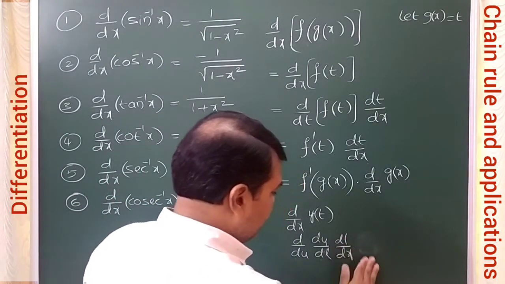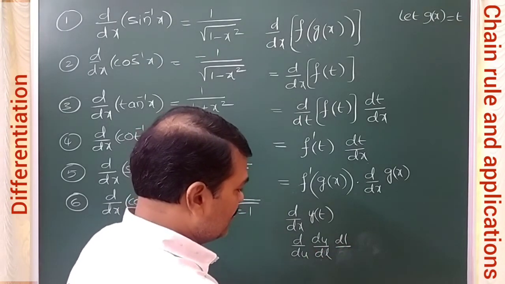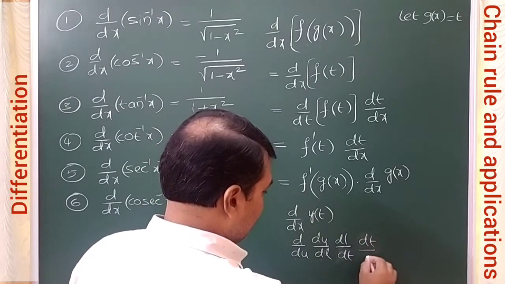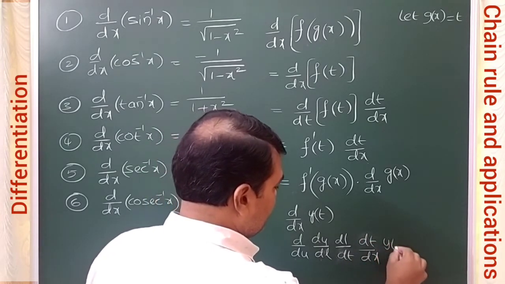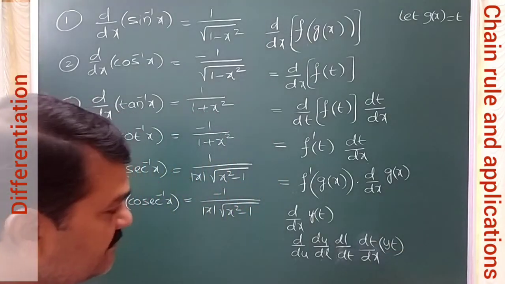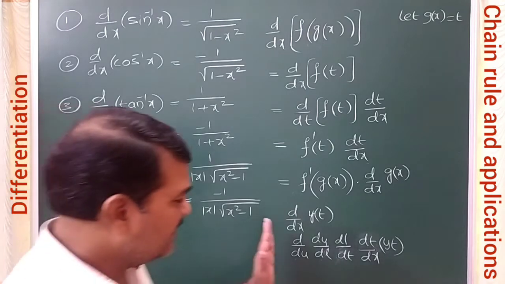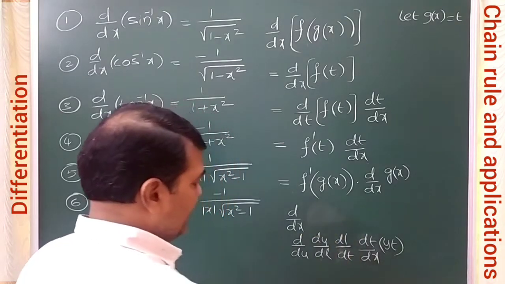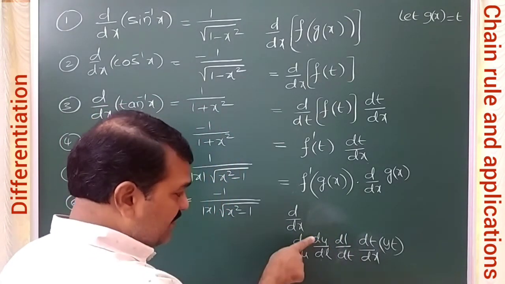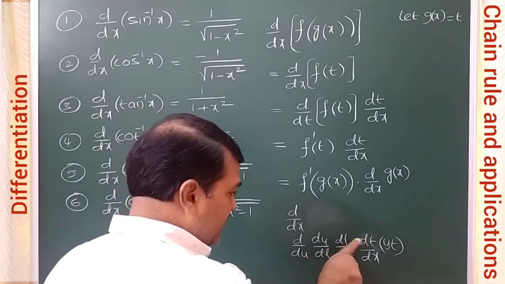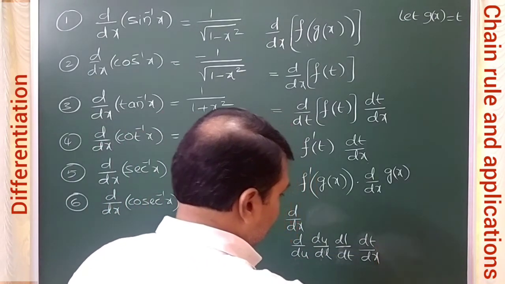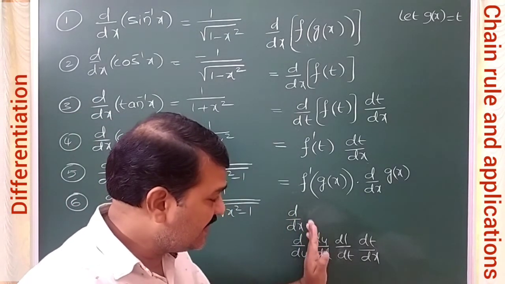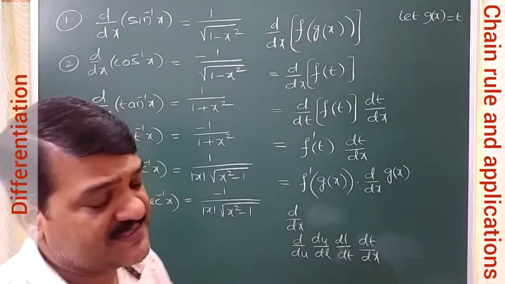I can extend one more time, as d by dt and dt by dx of y of t. We can extend the chain any number of times. There is no need to write y of t also. Directly you can express d by dx as d by du of du by dl of dl by dt of dt by dx. So d by dx is continuously extended in a chain like this.